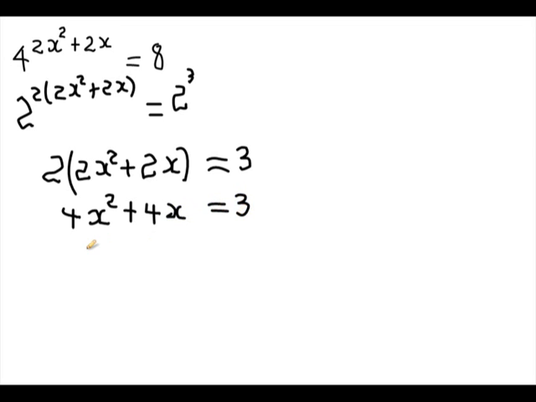So I'm gonna have 4x squared plus 4x minus 3 equals 0. We're just gonna solve this, okay?